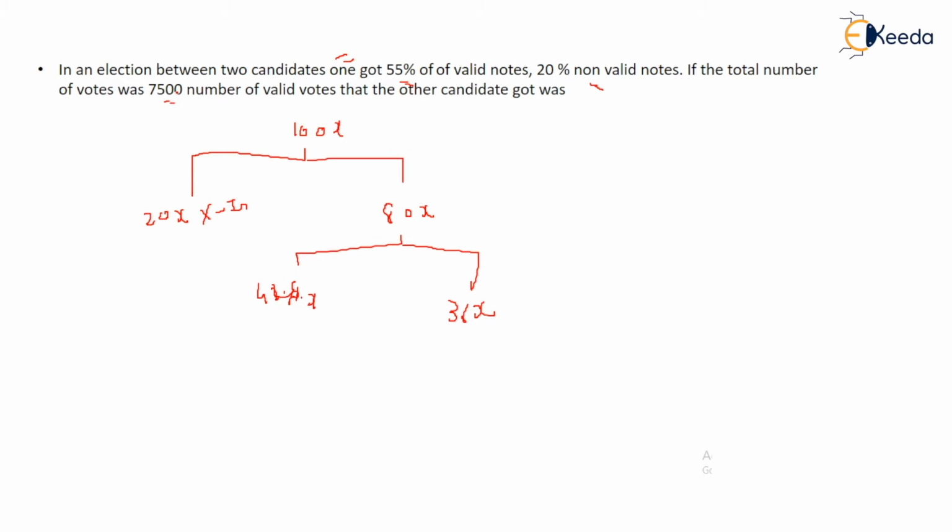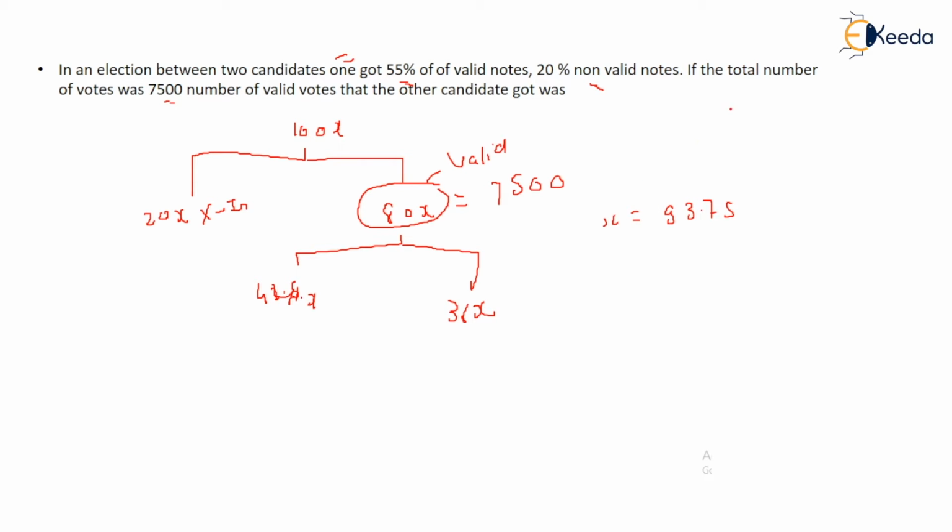If the total number of votes was 7500, find the number of votes the other candidate got. Here you got the value that valid votes are this much. This valid vote number is given to you, that is 7500. So you can simply find out the value of x, that comes out to be 93.75.